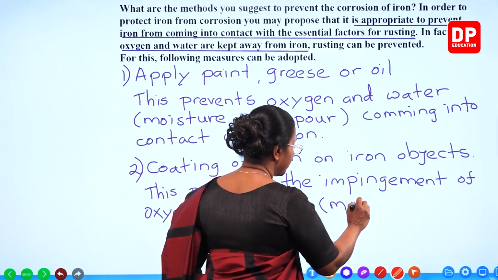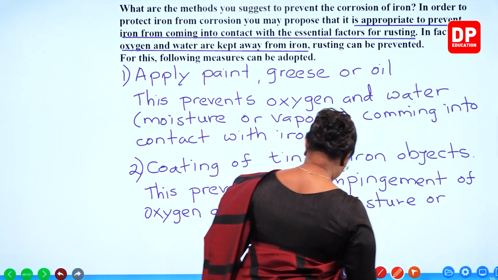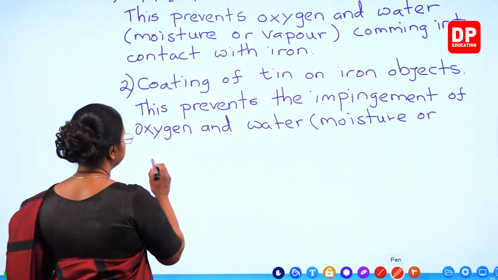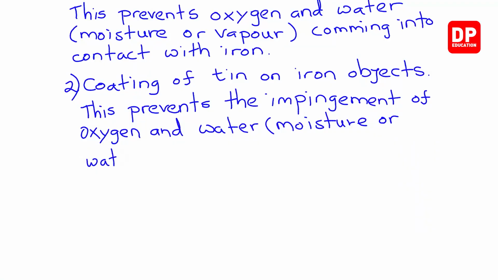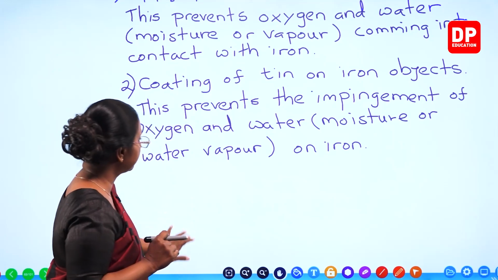Okay, it can be moisture or water vapor on iron. So that is how we can prevent rusting.